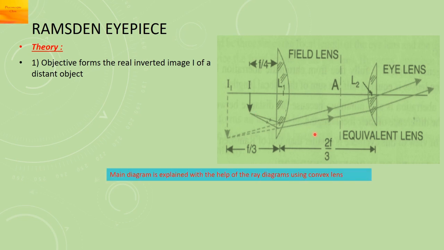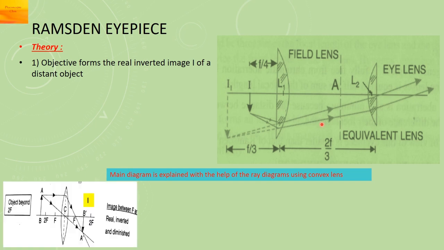For your understanding, I am explaining it with the help of ray diagrams using convex lenses. So this convex lens that is shown is the objective, and this is the distant object, and it will form an inverted image of this object.